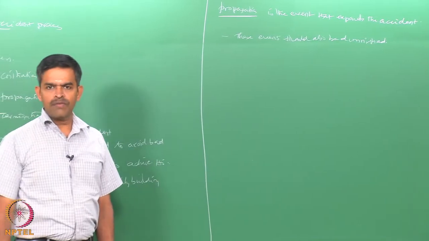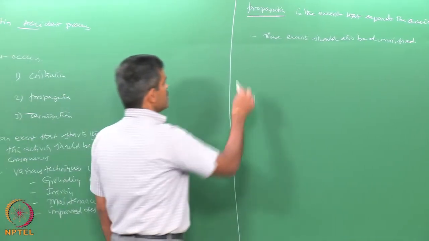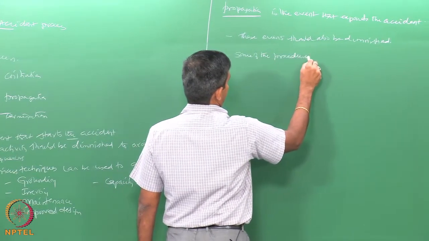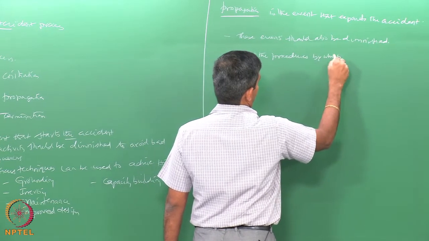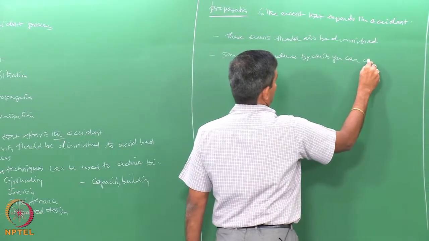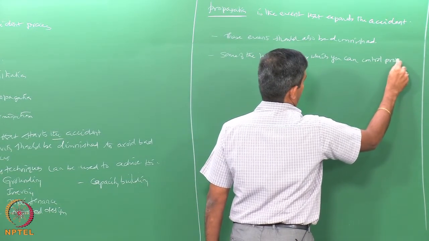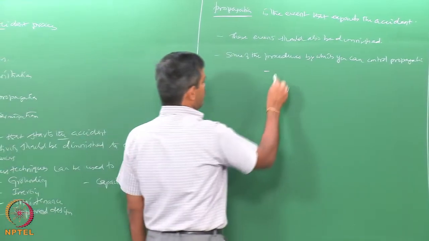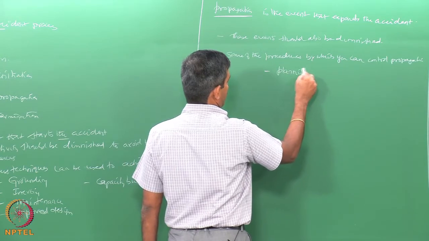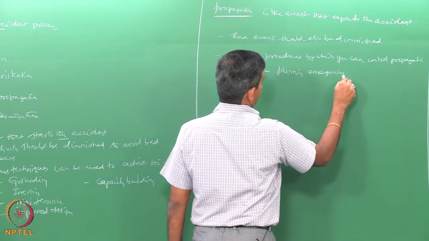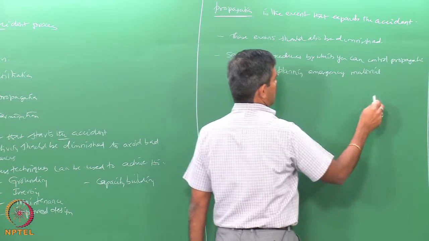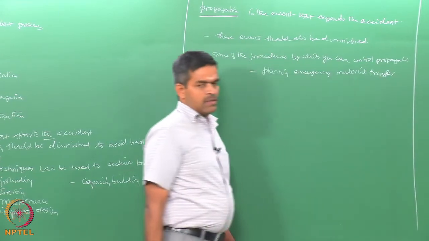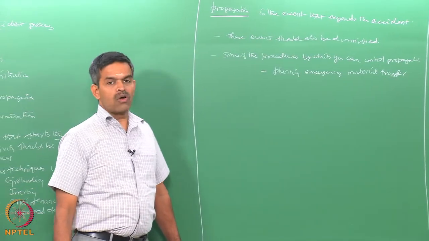Some of the procedures by which you can control propagation could be, by planning emergency material transfer, because you know in most of the cases the accident occurs only when the material stock is available in the place.